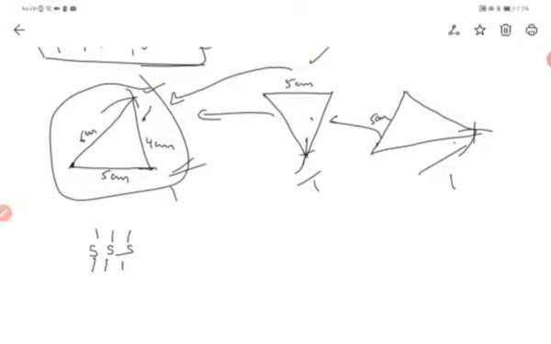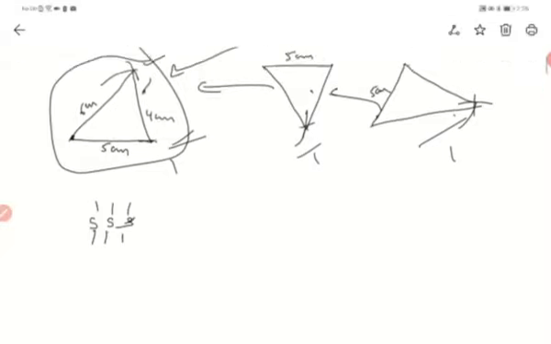You must know the sides. If you know the sides of a triangle, you can get different congruent triangles, or I can say copies of the triangle. All right, I hope you understood this.